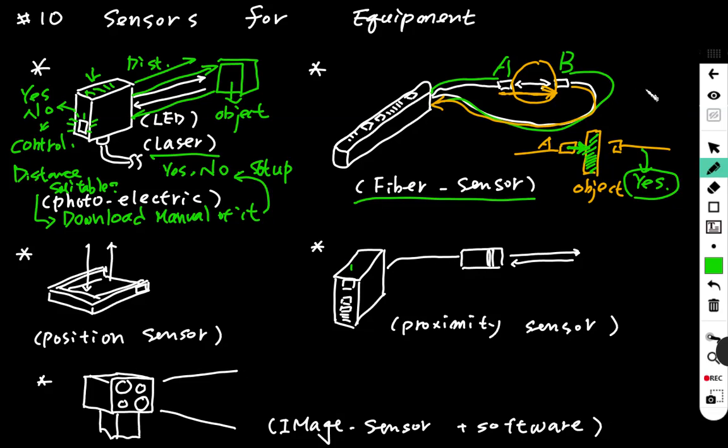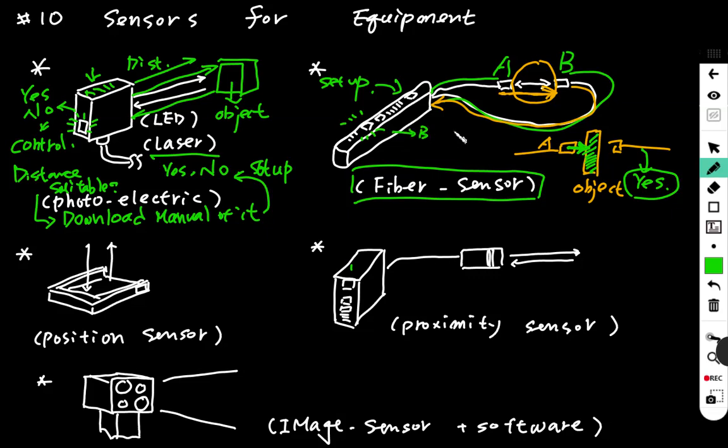So the fiber sensor is also adjusted just like the photoelectric sensor. There are some buttons to set up the sensitivity.